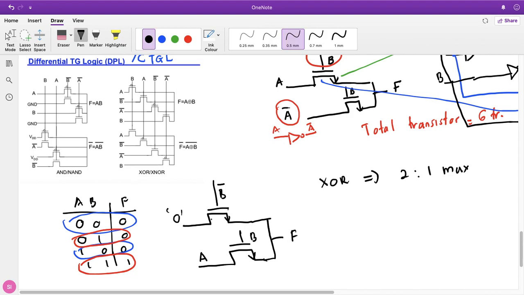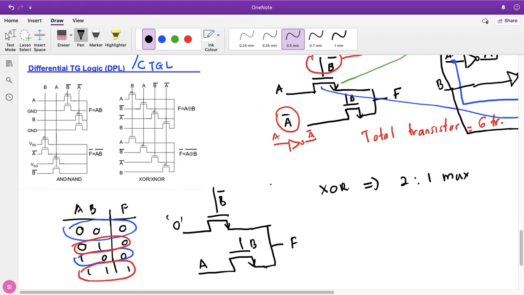So now we want to represent this circuitry in a differential or complementary transmission gate logic. B, ground, B, ground for the AND gate.